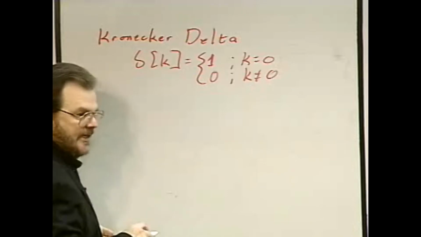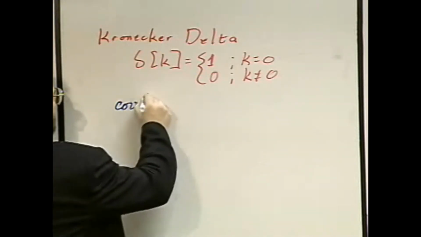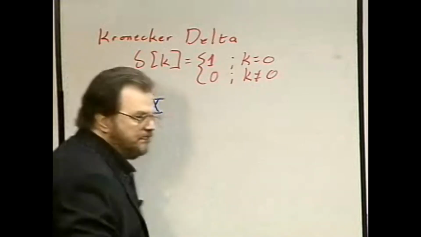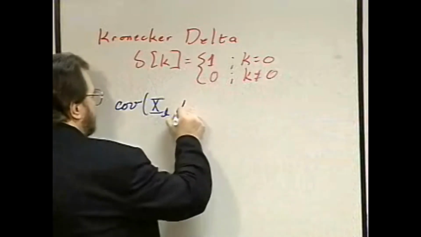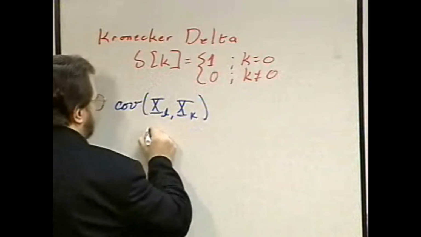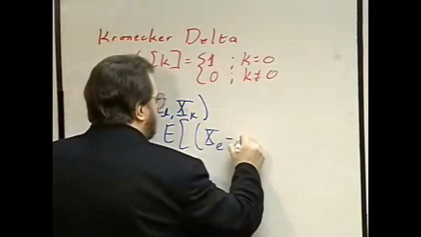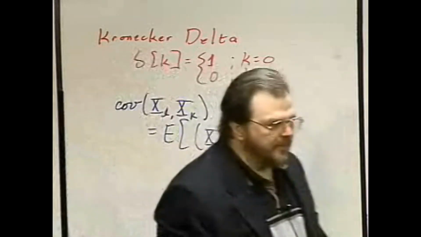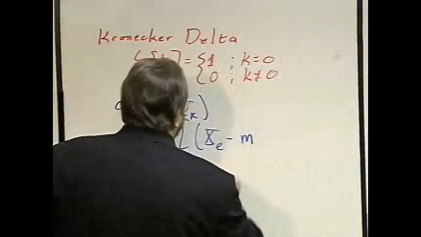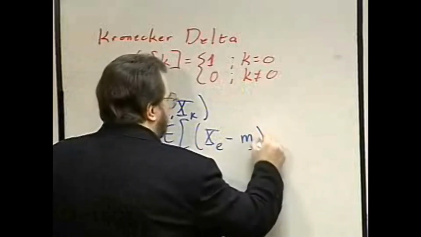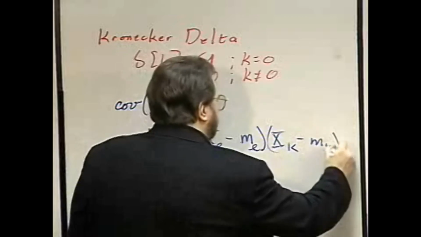Now we want to look at the case where we have independent random variables. And we want to look at the covariance of x sub l and x sub k. That's equal to the expected value of x sub l minus the mean of l, times x sub k minus the mean of k.